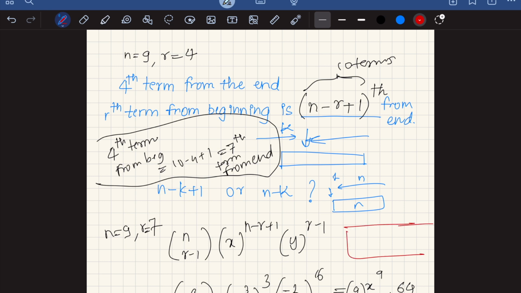Let's say r is 1, then the first block, if you start counting from the opposite end, what would the answer be? It would be the nth term, right? From the end. Is this fine?